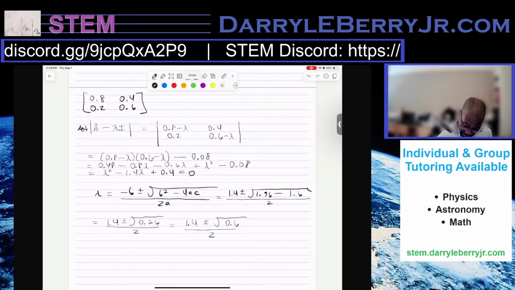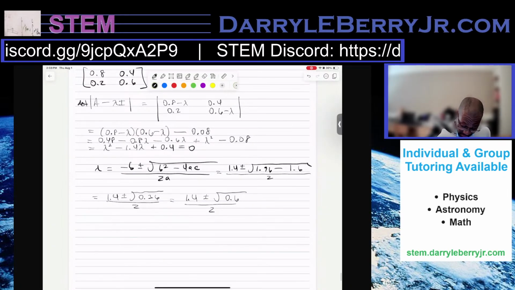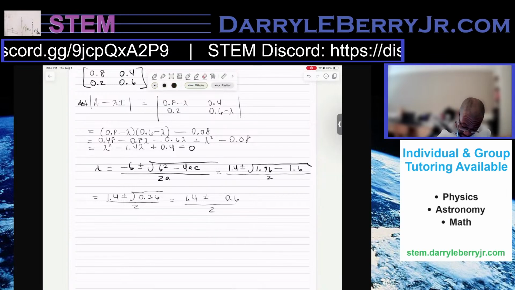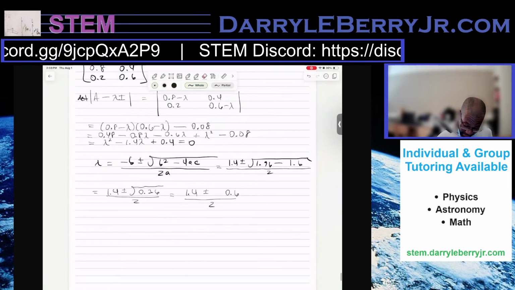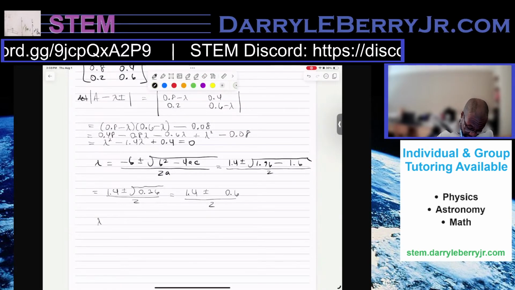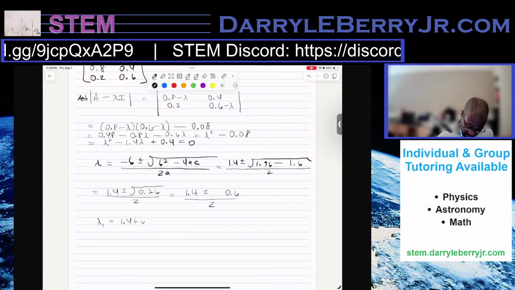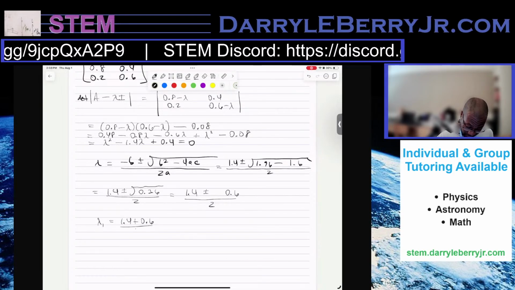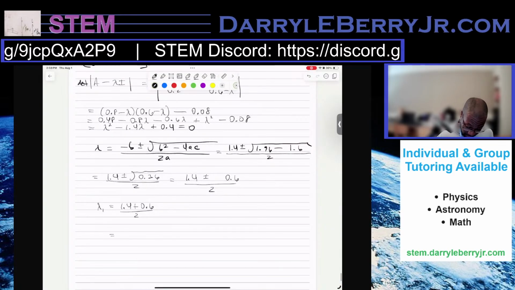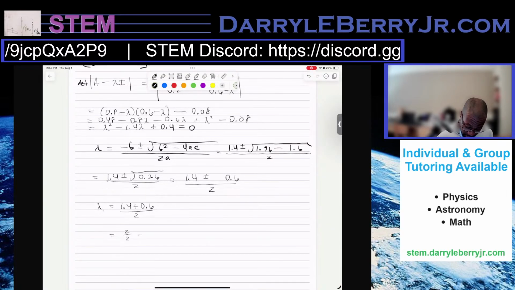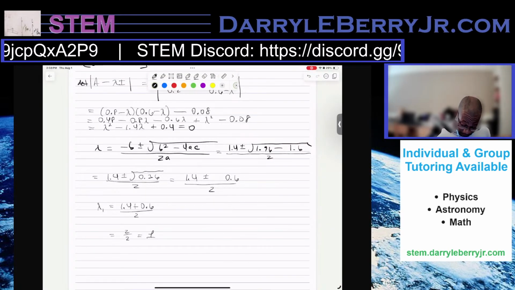So the numbers start to not look so bad as you get through it. So, I take the square root. So then we have lambda 1 equals 1.4 plus 0.6 over 2. So that equals 2 over 2 equals 1. So what do you know?